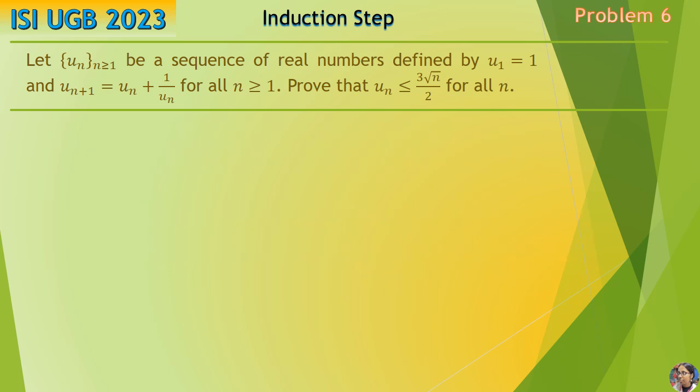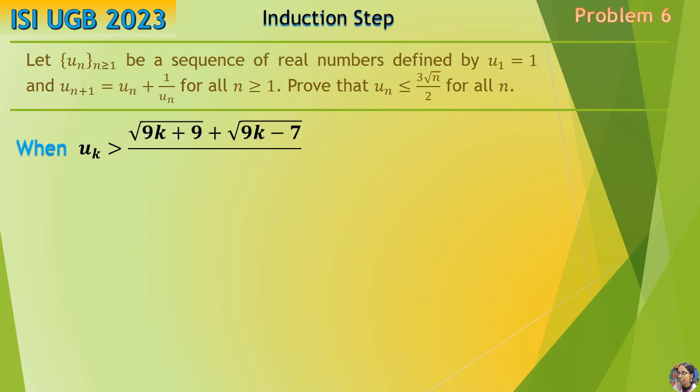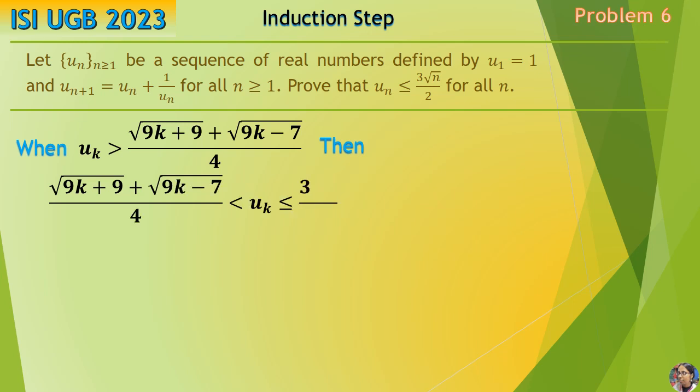So when uk greater than square root of 9k plus 9 plus square root of 9k minus 7 upon 4, then by the induction hypothesis we have this.